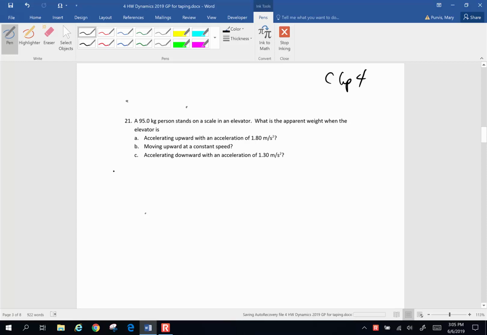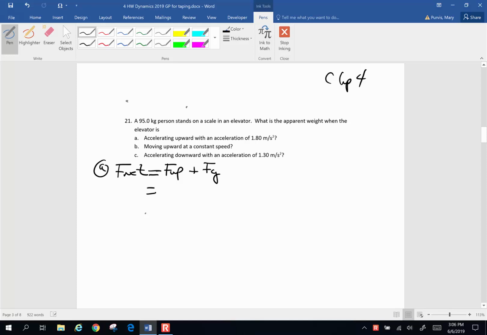So here goes. For the first part, the net force on the person is going to be a combination of the force to make them accelerate upward plus the force of gravity. Both forces are acting on the person.